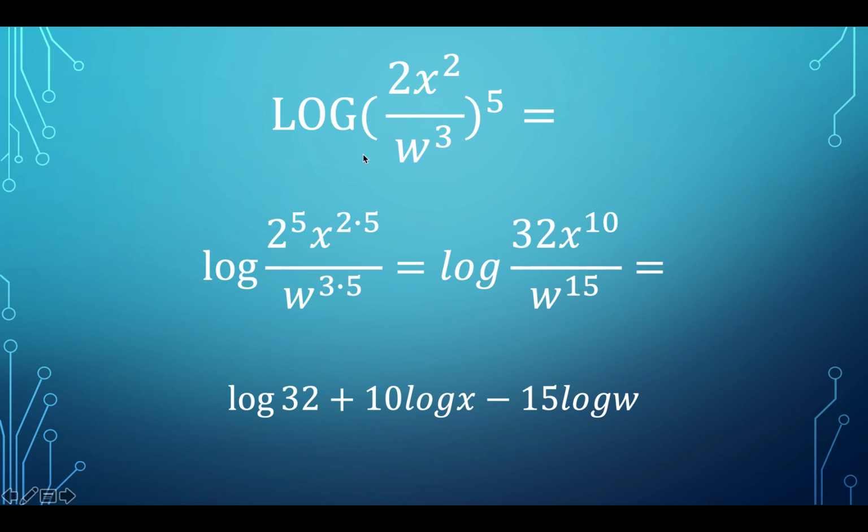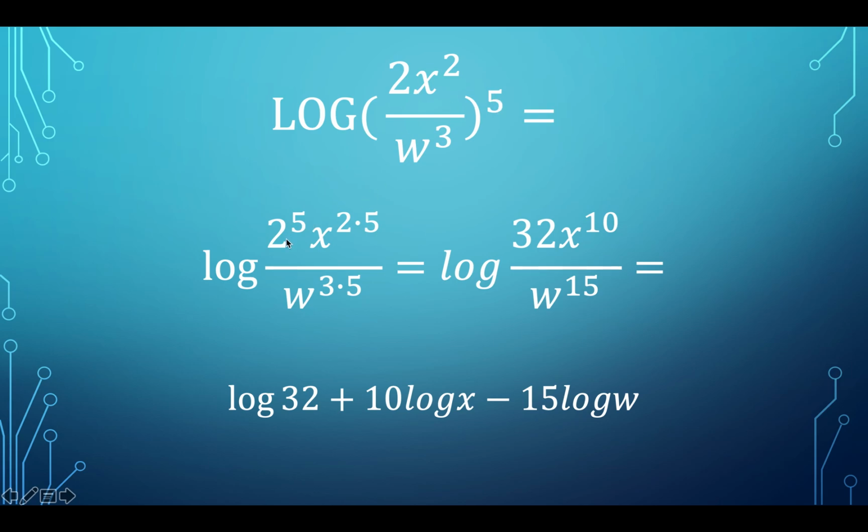Now, how about if we have log of 2 times x squared over w to the third, all raised to the fifth power? Well, like I just told you, when we have parentheses with an exponent, we're going to take that exponent and distribute it to each and every single term inside the parentheses.